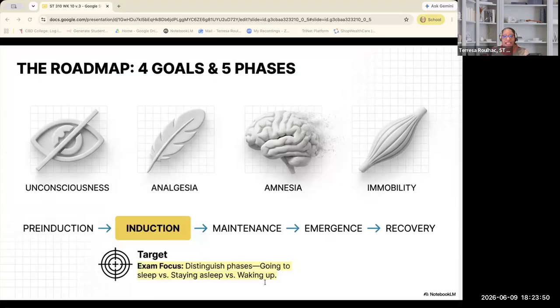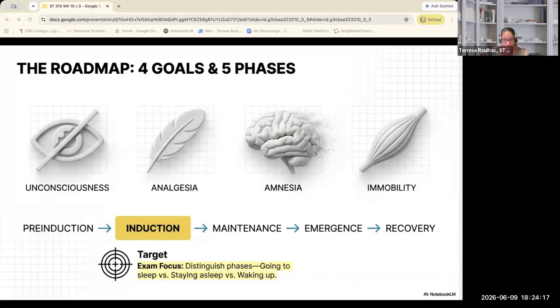Then comes induction, which is when the patient goes to sleep. Maintenance is where they stay asleep during the procedure. Emergence is waking up. And recovery is the continued stabilization after anesthesia. For the quiz, I want you to think of this as a timeline.